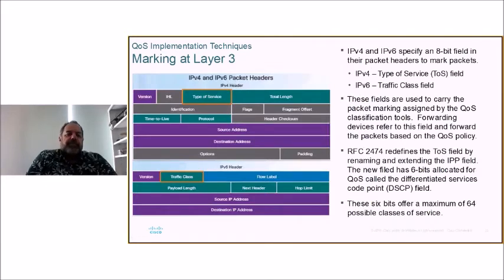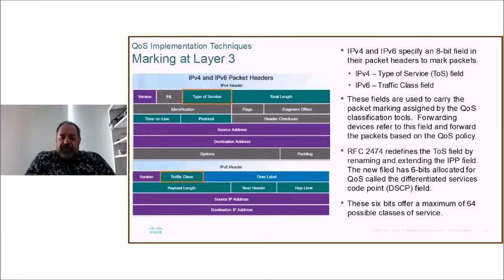With layer 3, with IPv4, it's called type of service. In IPv6, it's called traffic class. It's an 8-bit field. These fields are used to carry the packet markings assigned by the QoS classification tools. Forwarding devices refer to this field and forward the packets based on the QoS policy.